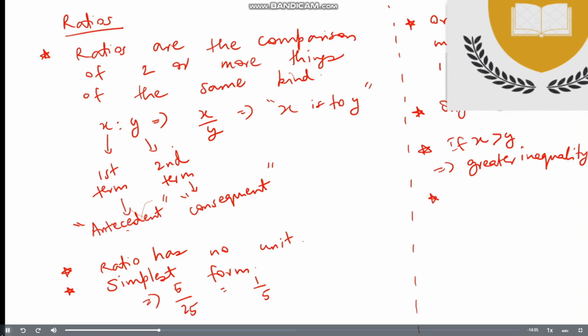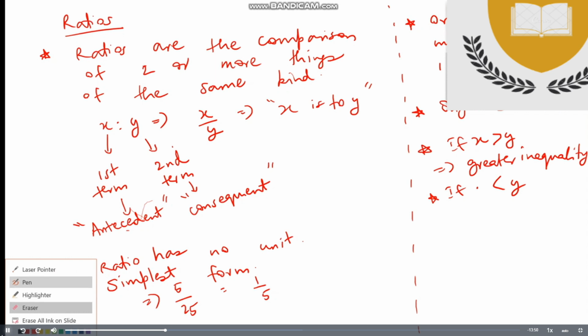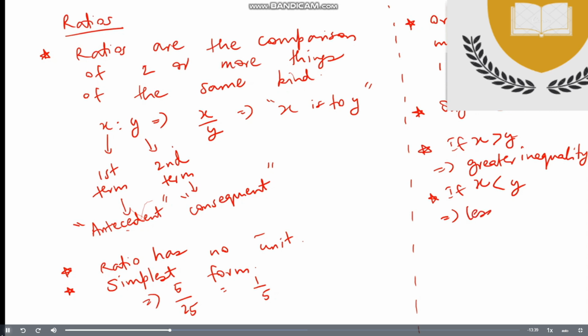And if x is less than y, this ratio is called lesser inequality.